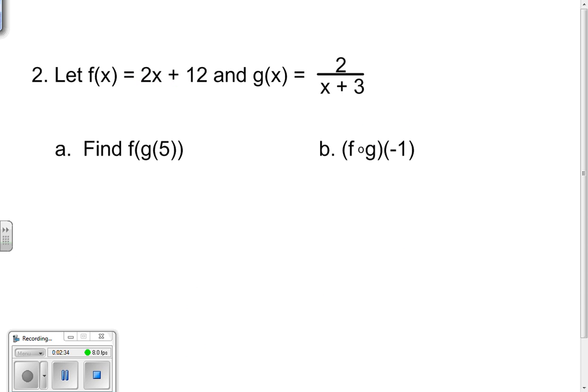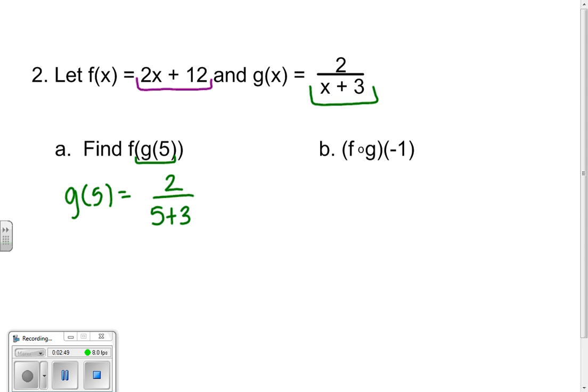Number 2, I have two different functions now. 2x plus 12 is f, and g is 2 over x plus 3. Letter A, first thing I want to do is g of 5. So that means 2 over 5 plus 3. Well, 5 plus 3 is 8, so I'm doing 2 over 8, which is the same as 1/4. I need to take that 1/4 and plug it into f.